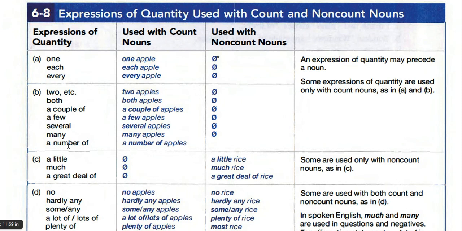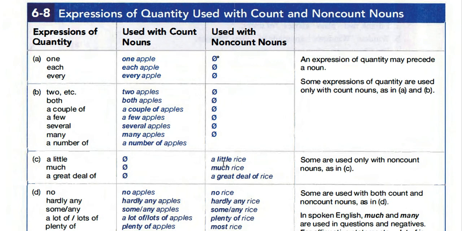But in C here we can see a little, much, a great deal of. These expressions can't be used with countable. As we said, one and two and few, many, a number of, all of them cannot be used with non-countable. But on the other hand, a little, much, a great deal of cannot be used with countable words.